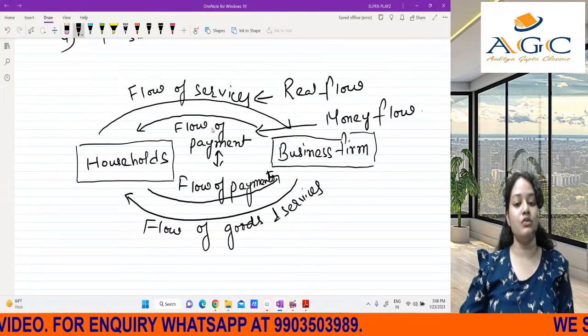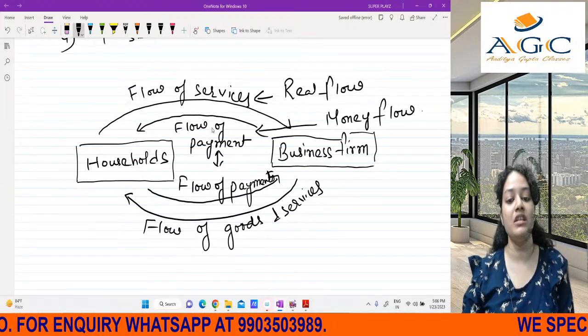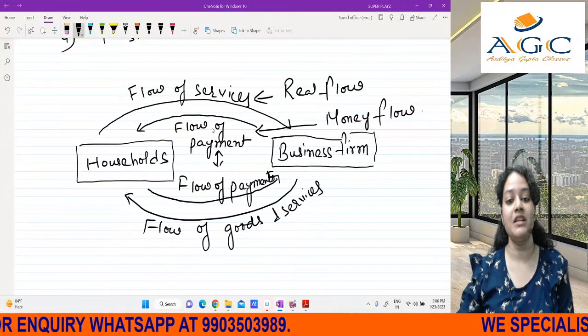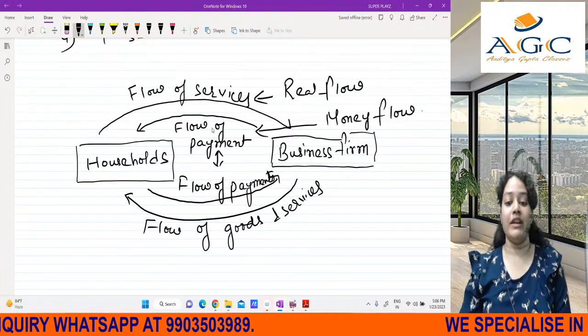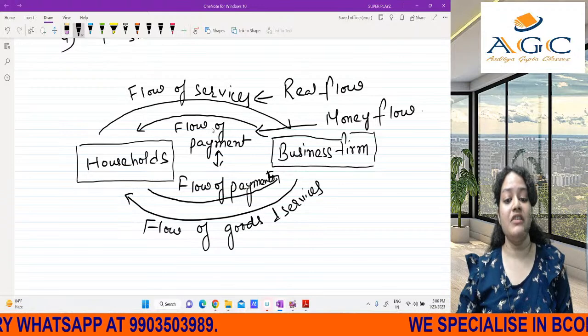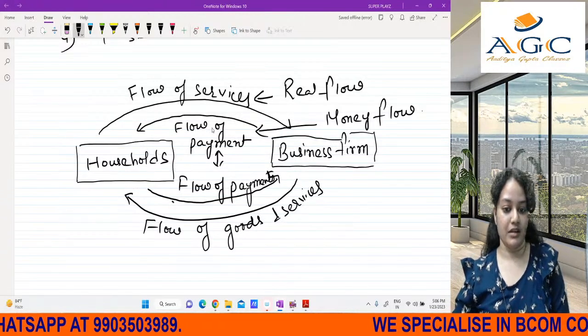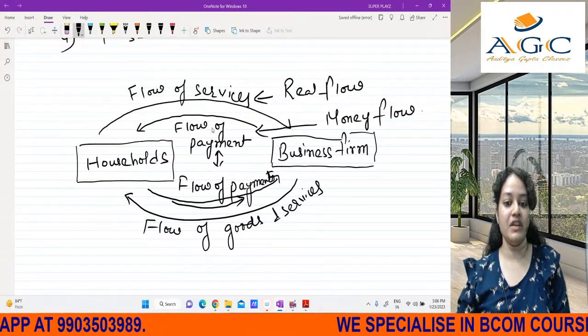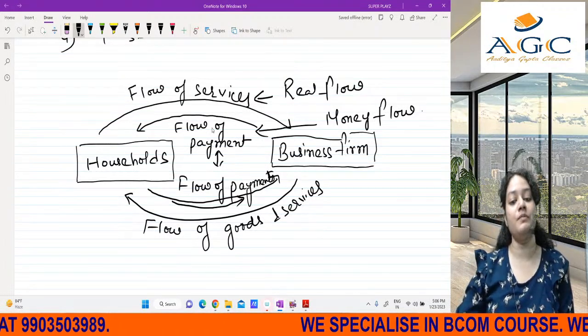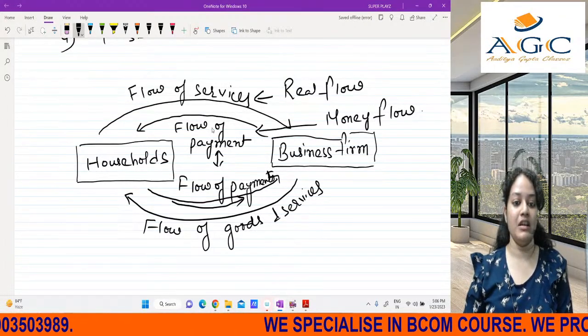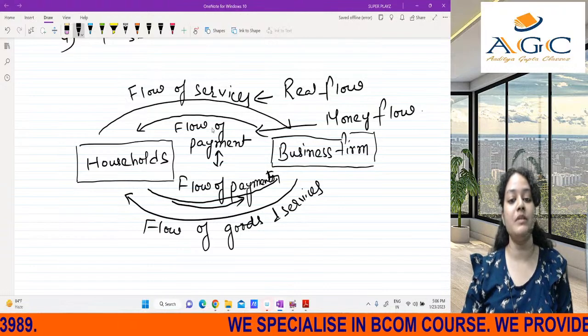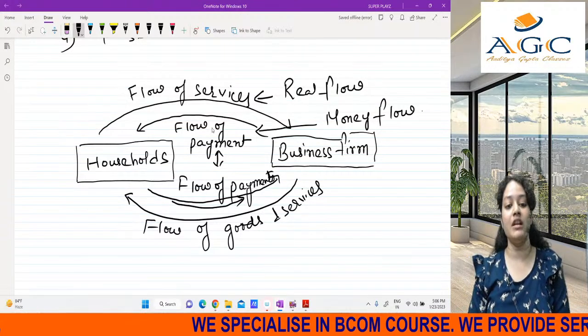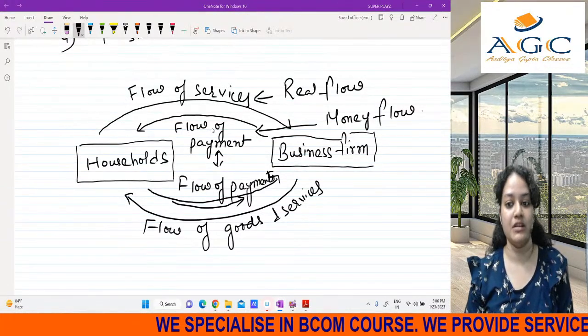Whatever the households are earning, they are giving it out in the form of payments to the business firms, and whatever the business firms are receiving, they are using all the money to produce goods and services. So that is where our equilibrium condition lies for the two-sector model without savings and investment.